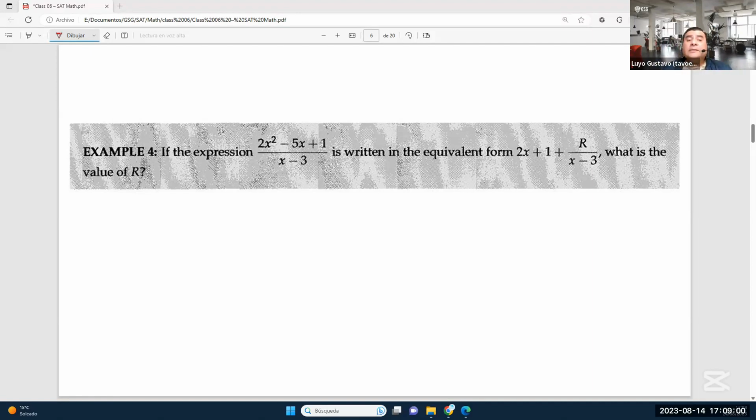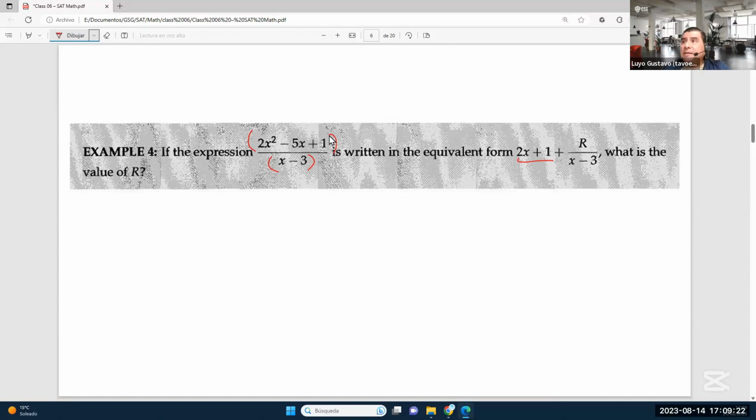All right, good answer, Luciana. Let's see, guys. Here, dividing this polynomial by the binomial x minus 3 yields some quotient plus the remainder divided by the divisor.